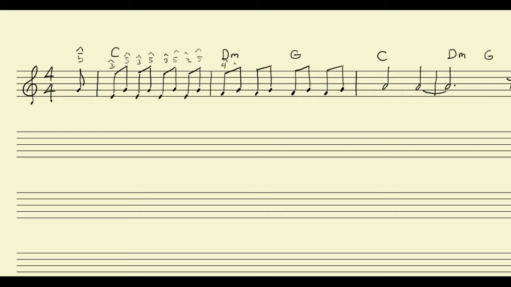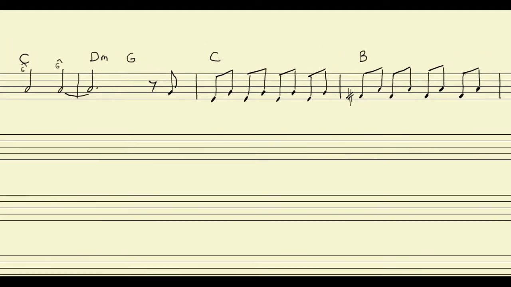We go 4, 5, 4, 5, 4, 5, 4, 5. Then up to the A, which is 6, and then we repeat the 6. Okay, so that much we know. So far, this is pretty easy. Let's keep going. Let's go on to the rest of the melody here.